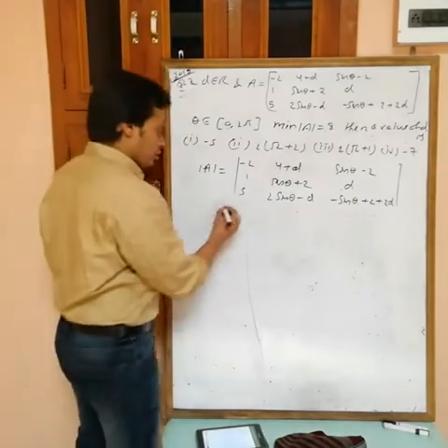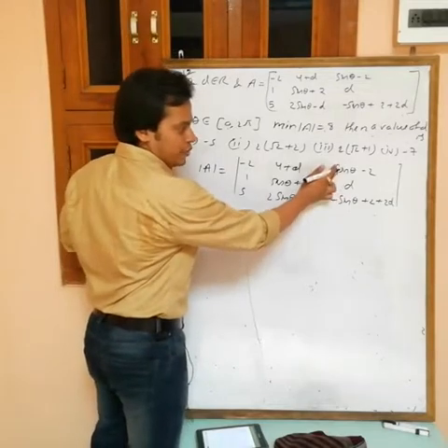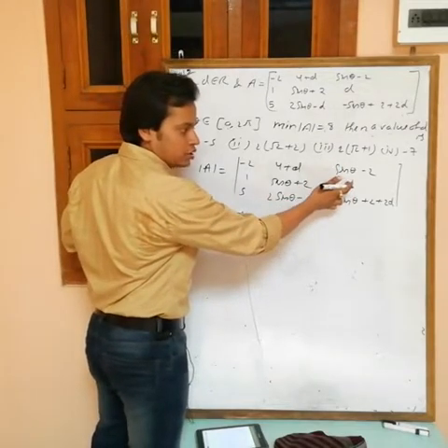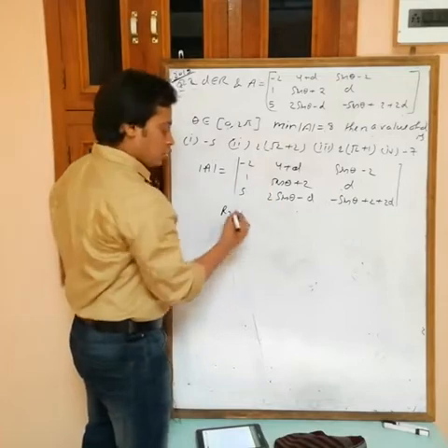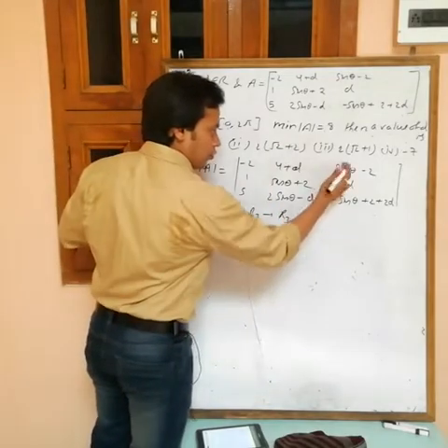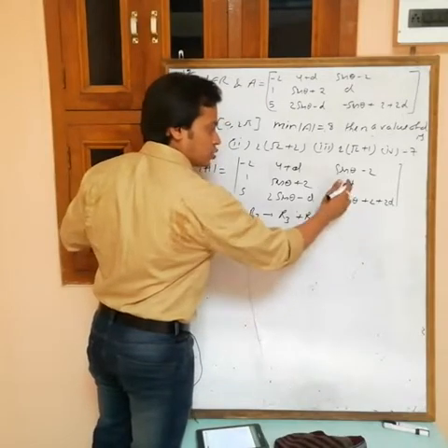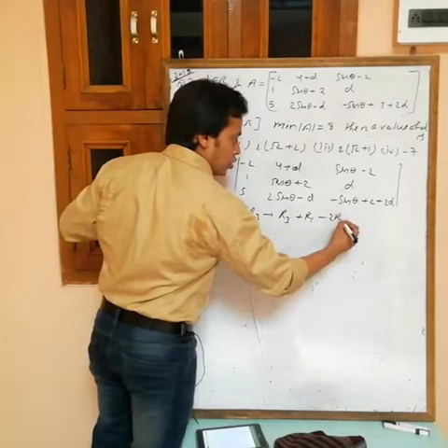So here I am operating on R3. I want to make this 0, so R3 goes to R3 plus R1 minus 2R2.